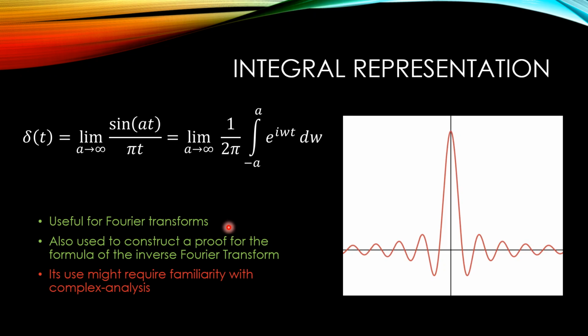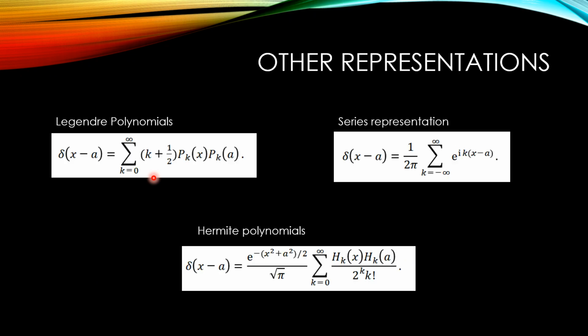Its only disadvantage, however, is that since it is a complex exponential, the integrals might require some familiarity with complex analysis or contour integration, and even the proof that the integral of this representation is indeed equal to 1 requires the use of contour integration. So these are not the only representations that are available for the Dirac delta function.